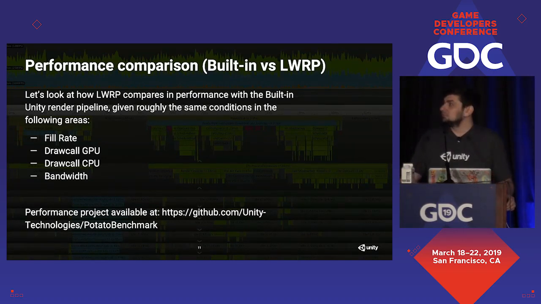And with these scenes, we are interested in seeing these 4 common bottlenecks that you might find for your game. So fill rate is basically the amount of fragments that you can shade and display on the screen. Draw calls GPU is the amount of work that you can submit, the amount of geometry that you can submit to the GPU.